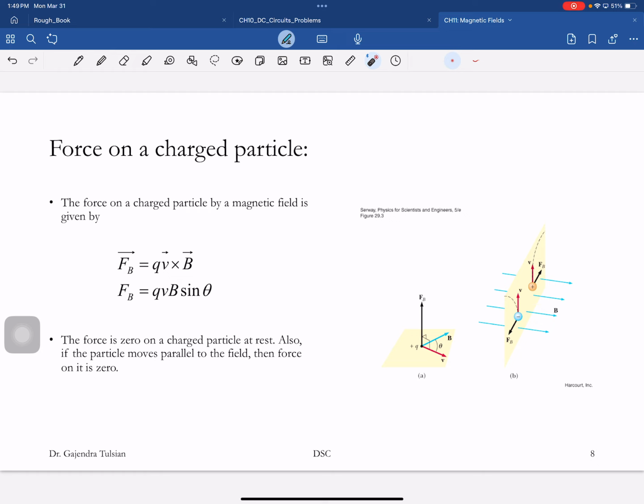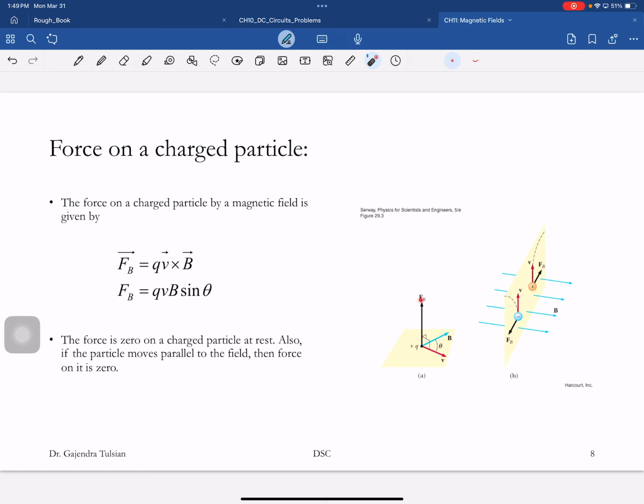That's the most convenient. Let's say V is like this, and that's B. Turning V to B, the screw would move up. That's the direction of the force.